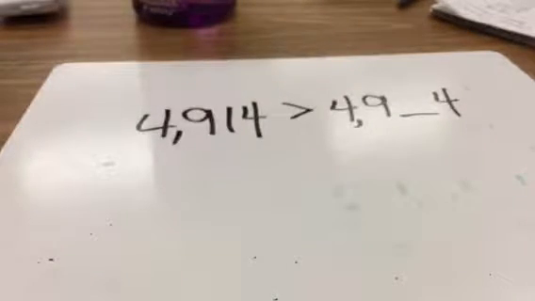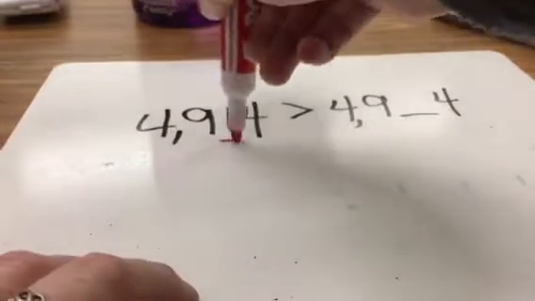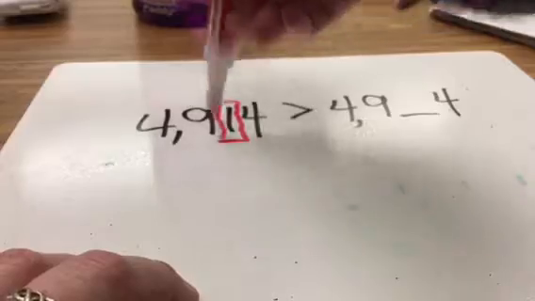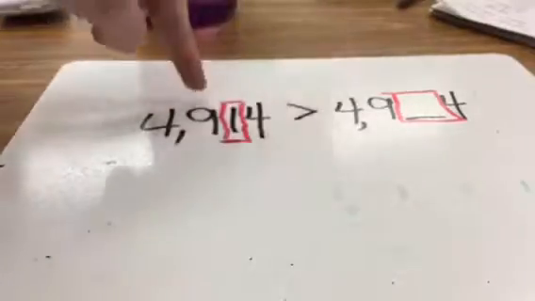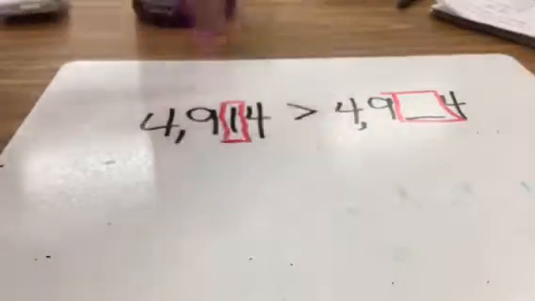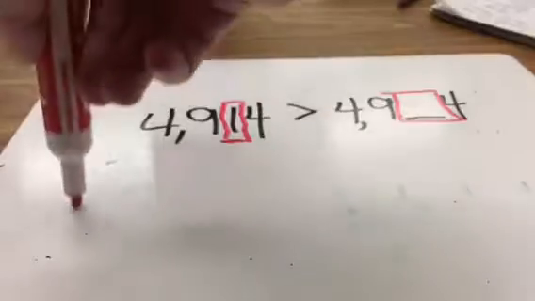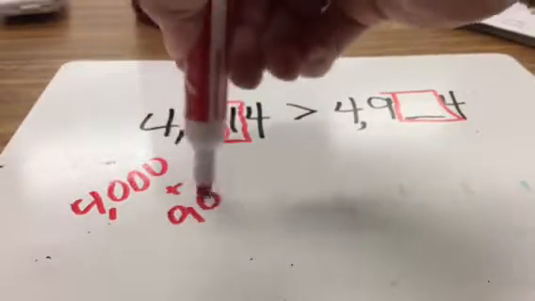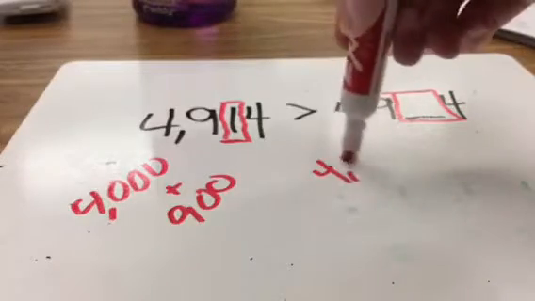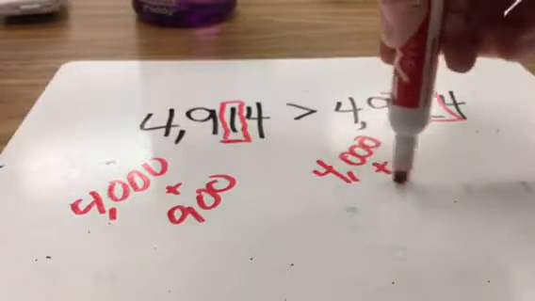So really, I'm looking at my tens place, because that's where my missing part is, because the 4 is the same. 4, 4, 9, 9. So 4,000, 4,000, 900, 900. I'm really worrying about now the tens place, since everything else is the same.